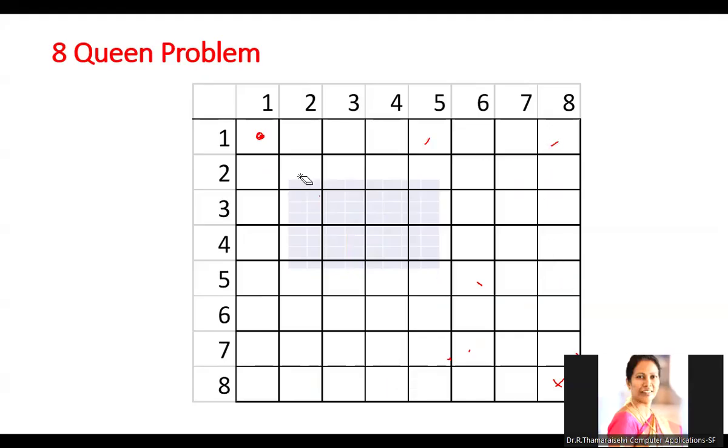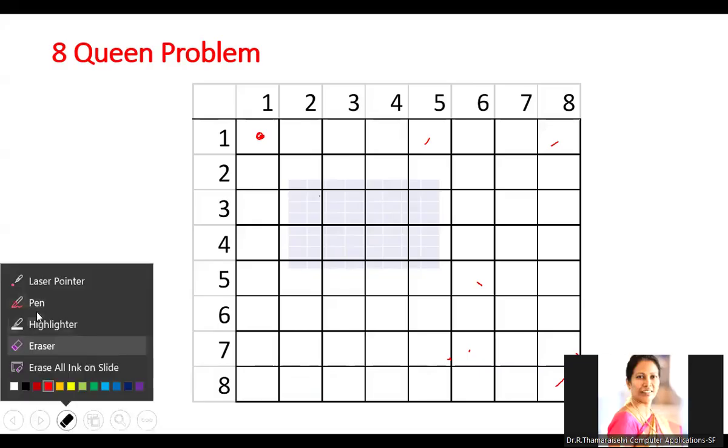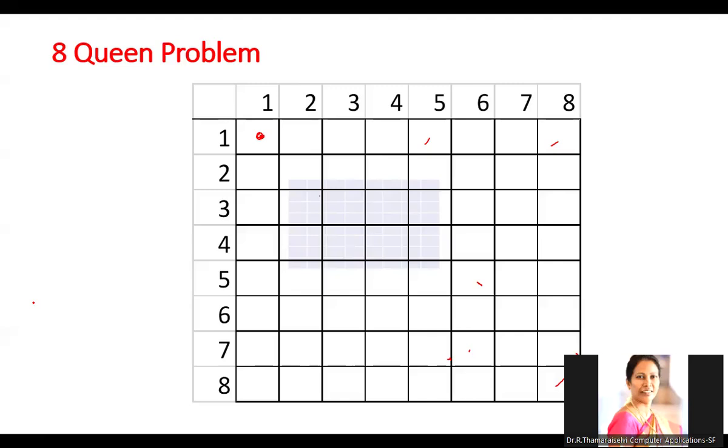So the correct position for each queen is given. The first one, second row, fifth column. Here you can have third row, last column.